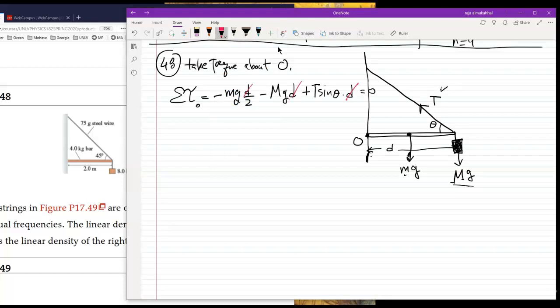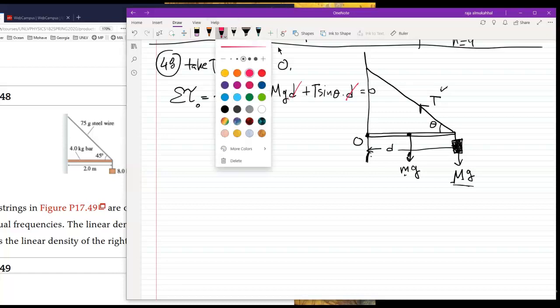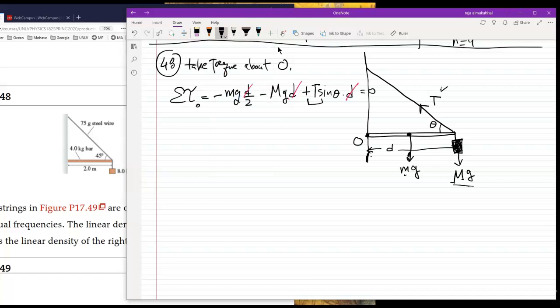Now I can plug in the values, because remember, I am solving for T. So now I have here minus the mass. Look at the left side of the screen, it's 4 kilograms. So the small m is 4g, over 2.